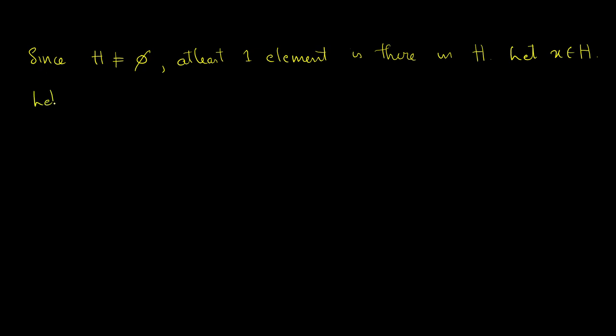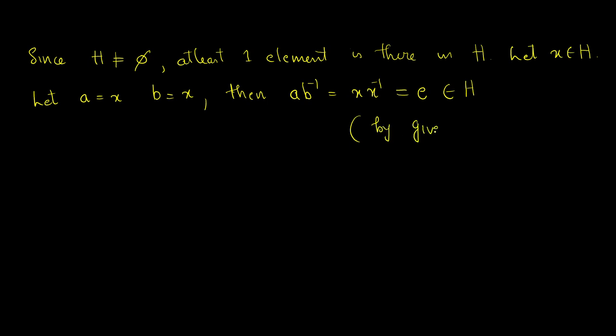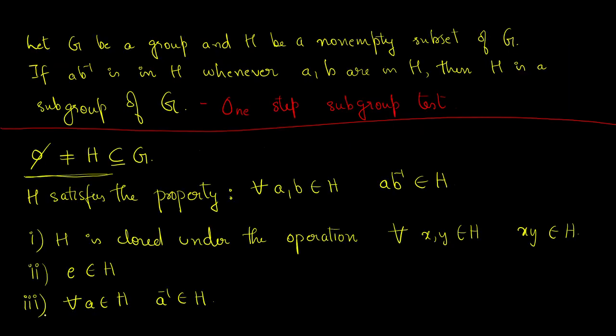So we let A be equal to X and B also be X. Here we know that X is in H, so A is in H and B is also in H. So by the given property, A B inverse, which is equal to X into X inverse, which is the identity element, must be in H. So the identity element in the group G is present in the subset H. So this axiom, the second condition for the group, is satisfied.